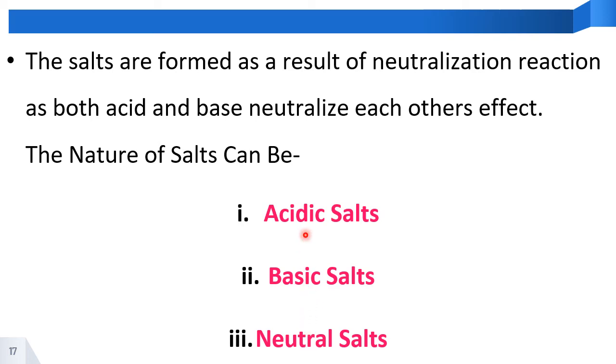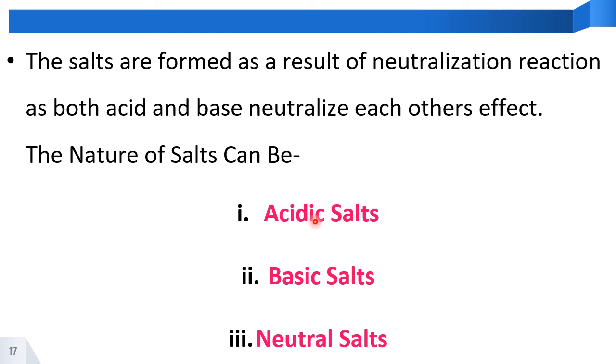Now, on what ground? In the case of acidic salts, it is a salt, but they have some acidic properties. Why do they have acidic properties? Because to form an acidic salt, we have to take a strong acid and a weak base. Among the two, which is strong? The acid is strong. Because the acid is strong, its properties dominate in the salt.